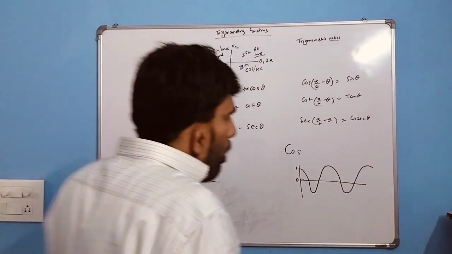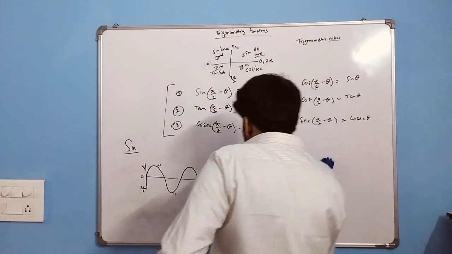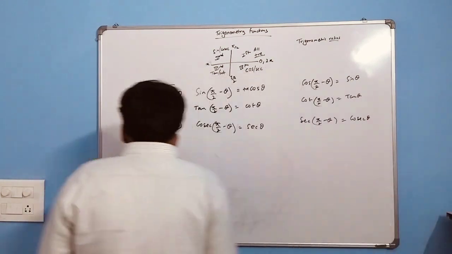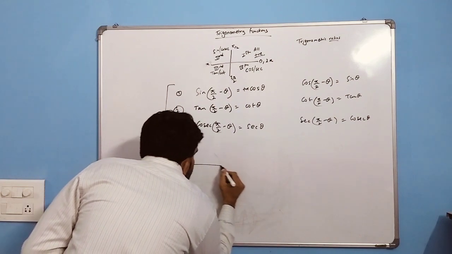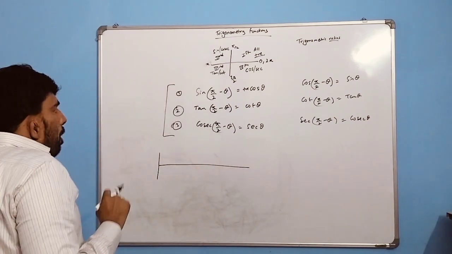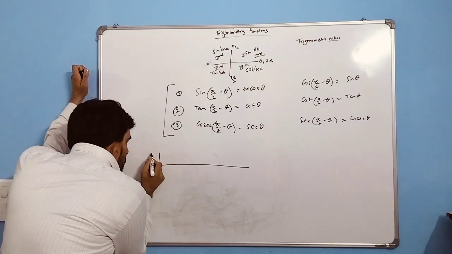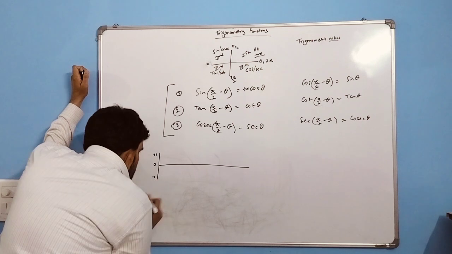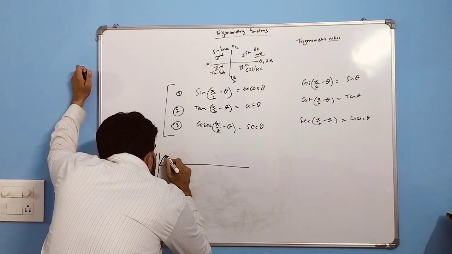Now we can make the exact waveform of sine. Let us try. Now we know the minimum value is minus 1 and the maximum value is plus 1. So it begins like sine 0.